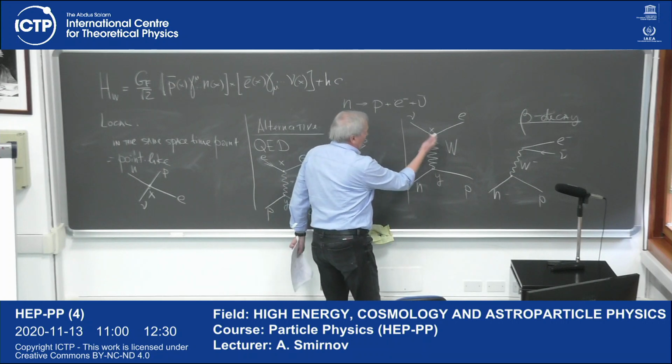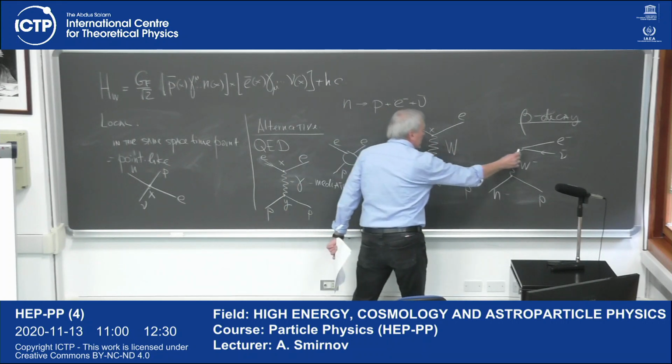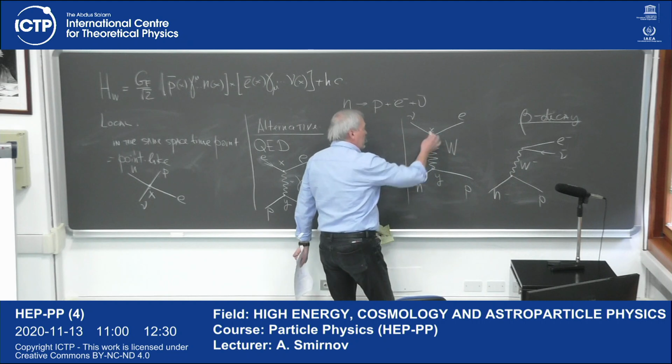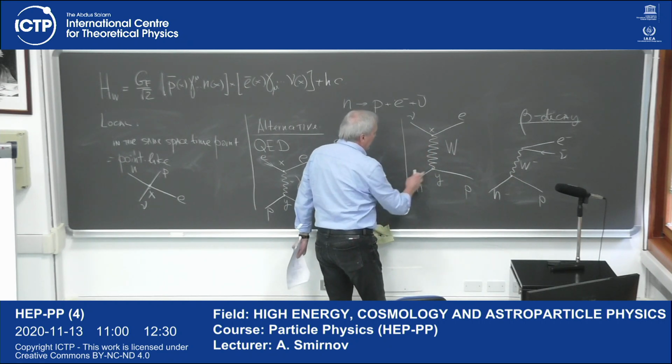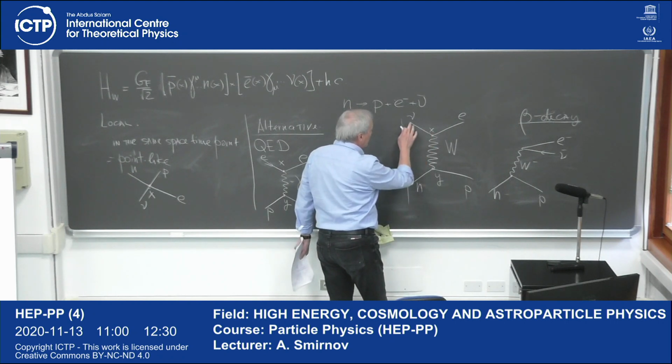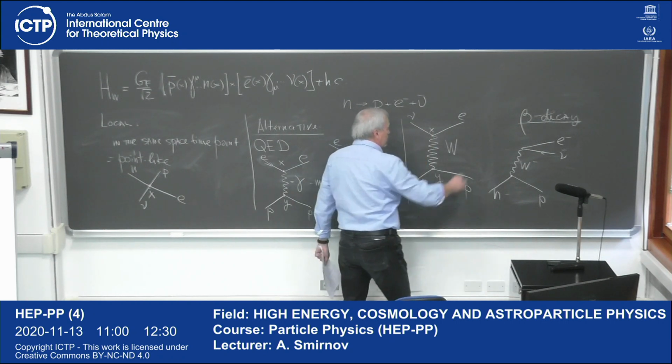Here is actually the same process, the same vertices, the same interactions, but just the algebra of reactions here has a neutrino in the initial state, and this type of diagram describes scattering of neutrinos on neutrons.